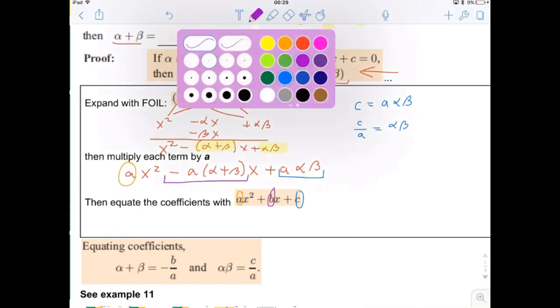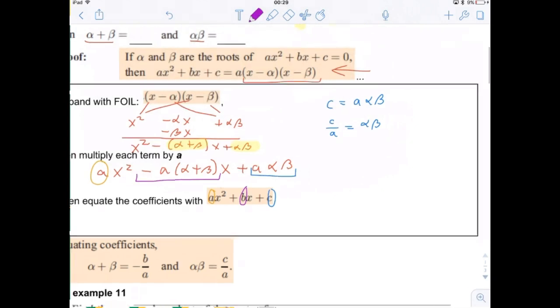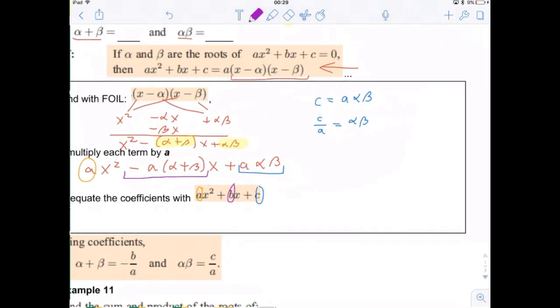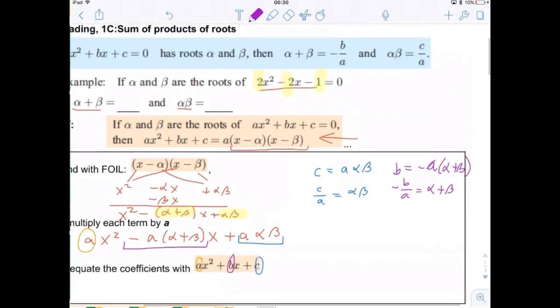And then for the purple coefficient, I'm going to do something similar. I'm going to say that the b coefficient is equal to negative a times alpha plus beta. So if I divide both sides by negative a, I get negative b over a equals alpha plus beta. So have I already derived the relationships that I wanted?